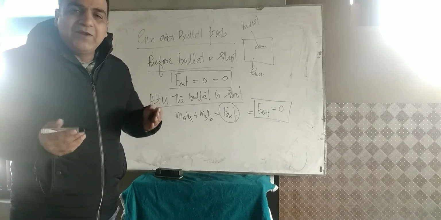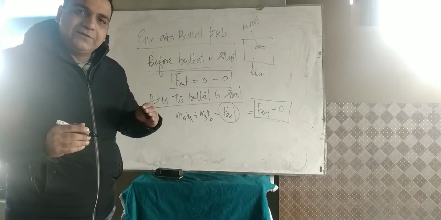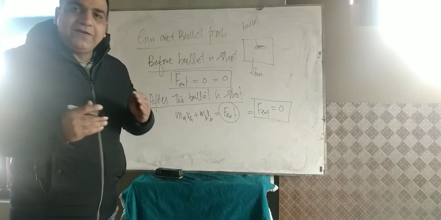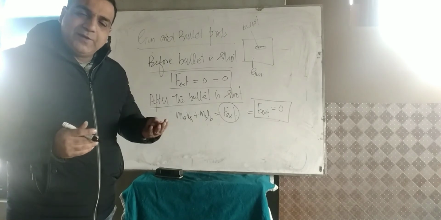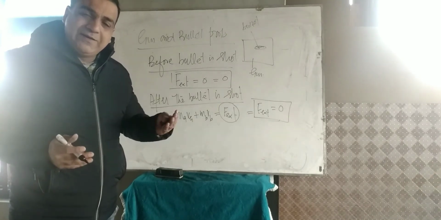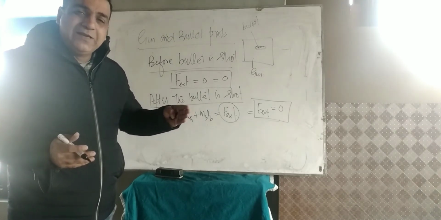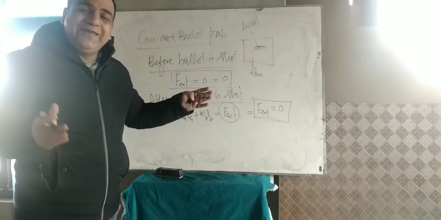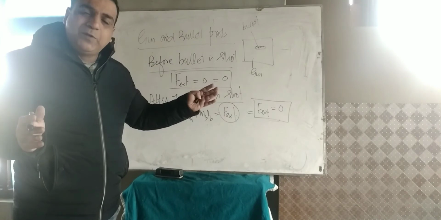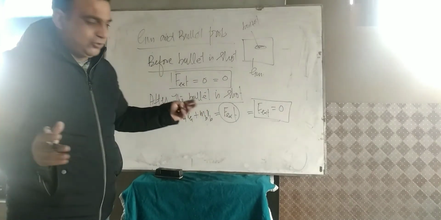So the linear momentum of the system of gun and bullet is 0. And after the bullet is shot by the gun, the net momentum is again 0. This is the law of conservation of linear momentum. The momenta before the bullet is shot must be equal to the momenta after the bullet is shot.